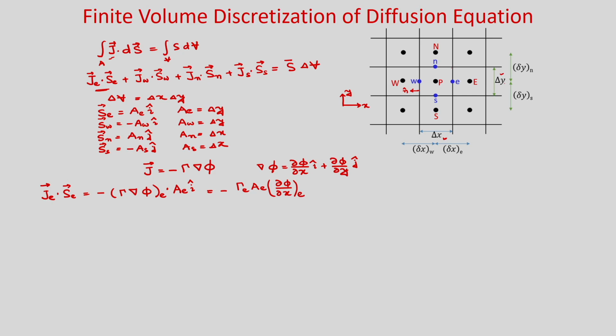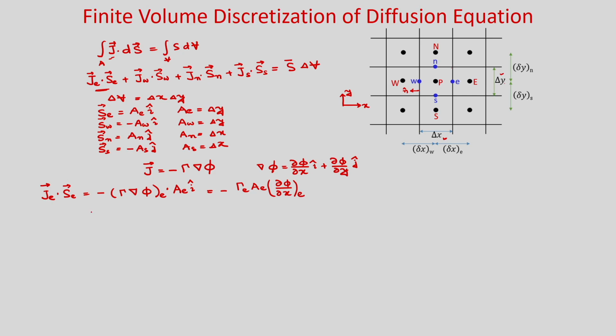We will assume that the value of phi varies linearly between the cell centroids. If it is linear, then you can take the derivative and easily find it between the two cell centers, one is the neighbor E and the main cell center P.